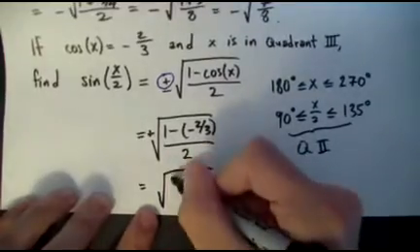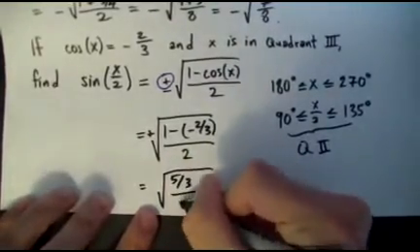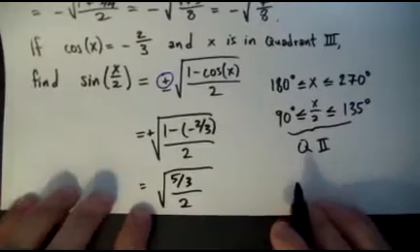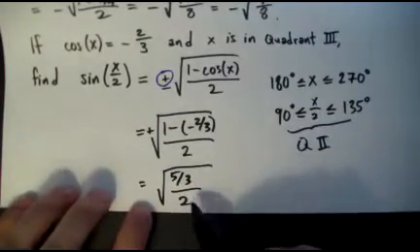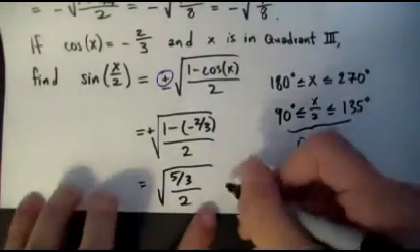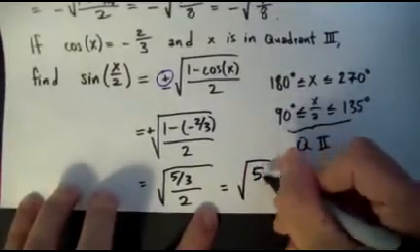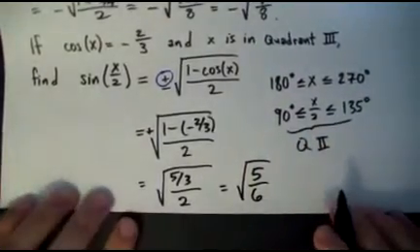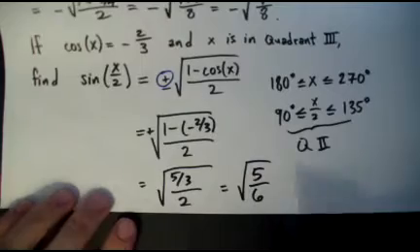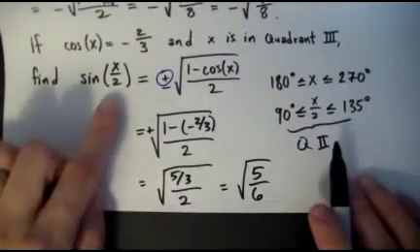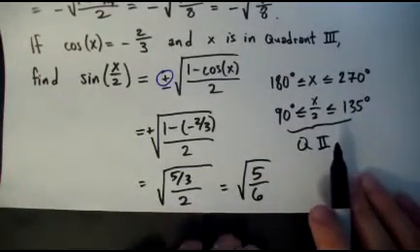So we're going to get the square root of (5/3) all over 2. And if we combine this fraction, we get 5/6 under the radical. And we could rationalize that if we wanted to, but that's good enough for now. So we'll leave that as is. So sine of x over 2 is the square root of 5/6.